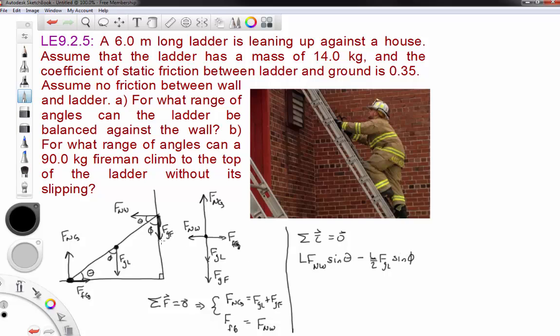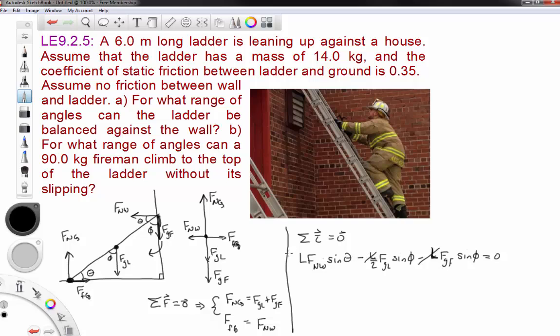And now we have to include the fireman's torque, which actually also is clockwise, so it's basically another minus L/1, since it's at the full length away from the axis of rotation, times the weight of the firefighter times the sine of this angle phi. And all of that should be equal to 0.